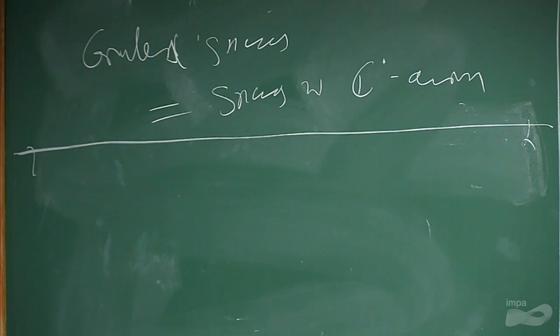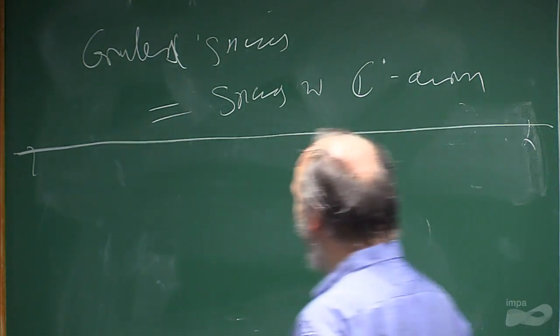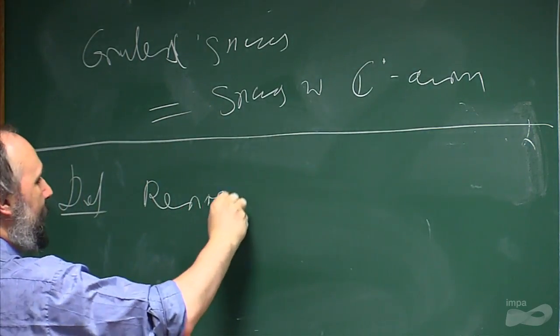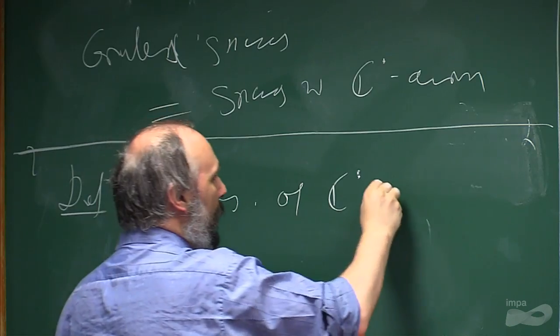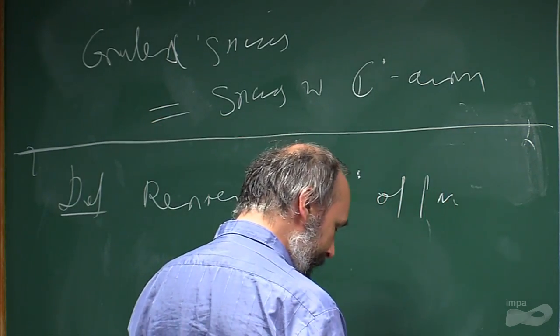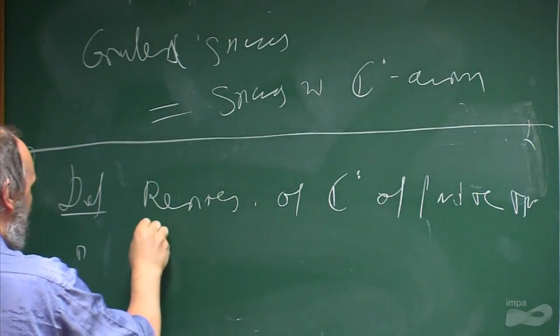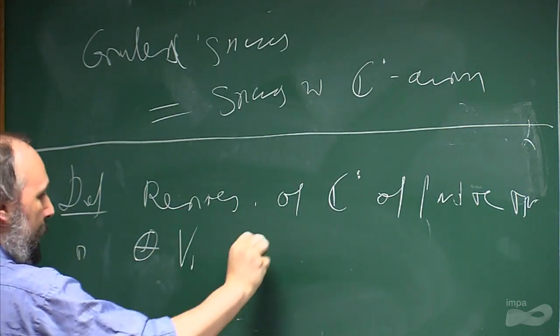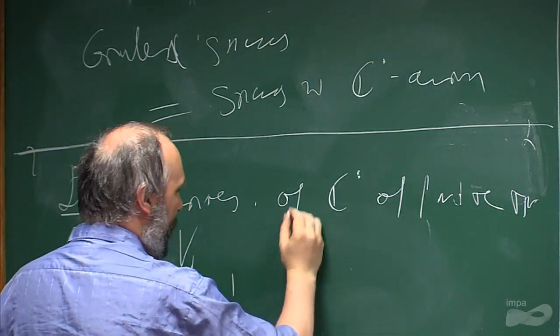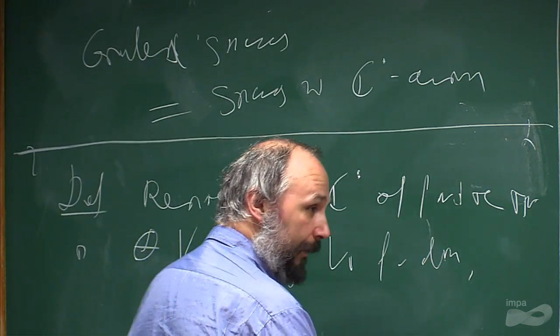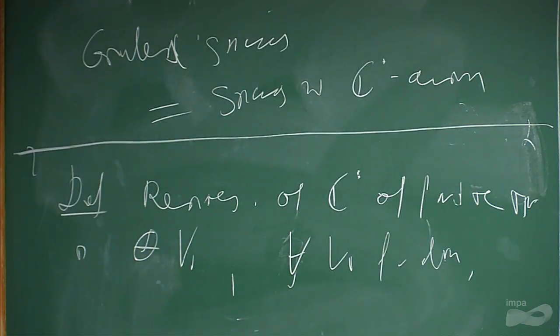Representations of finite type, definition. A representation of C star of finite type is a direct sum of V_i, where each V_i is finite dimensional, and on each V_i, our C star acts with the weight.